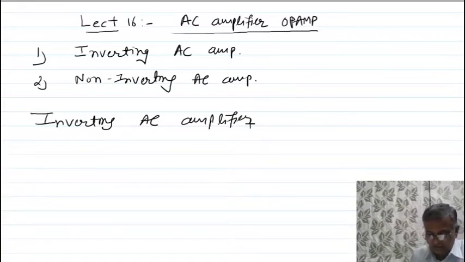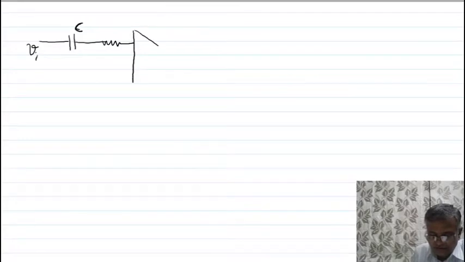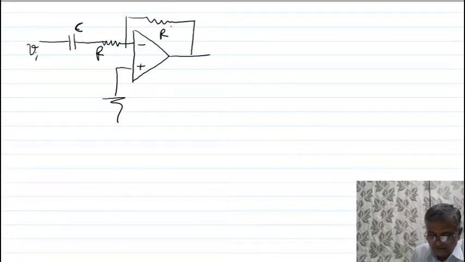In the inverting amplifier, I am showing the circuit here. This is the capacitor C, which is used to block the small DC level, voltage or noise. This is the inverting amplifier circuit we have used, and this is the output voltage with respect to ground.